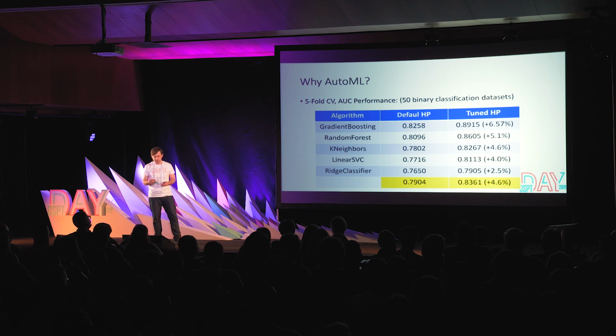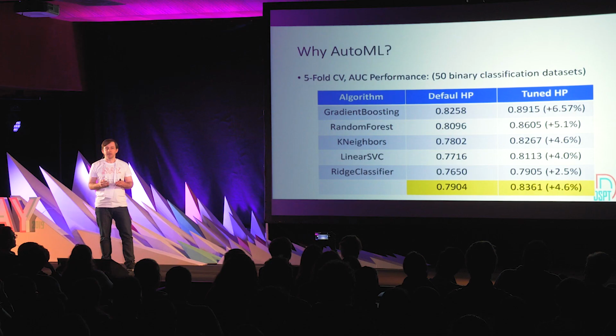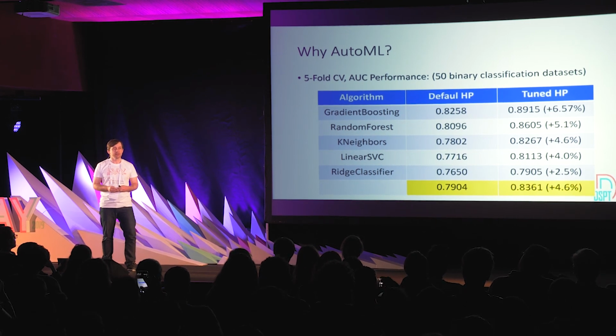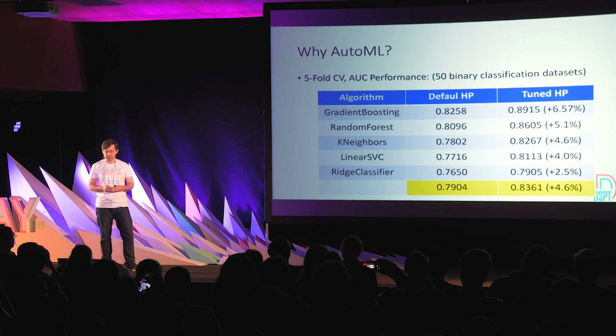Okay, some technical stuff. Why autoML, right? Again, I made some small experiments. I used 50 different data sets, all binary classification data sets, and I fitted 5 different training algorithms on those data sets, right? And what is the experiment? I fitted first using the default hyperparameters for all these algorithms on the 50 data sets, and the output is the mean average of the performance of those 50 data sets trained with default hyperparameters, right?